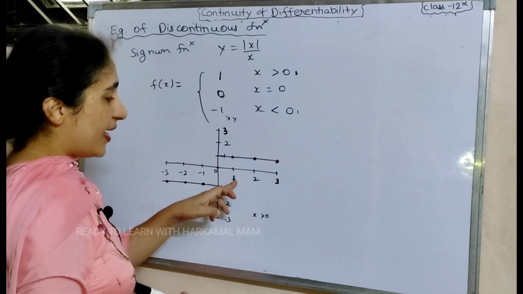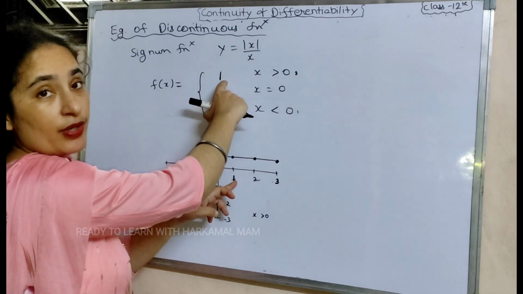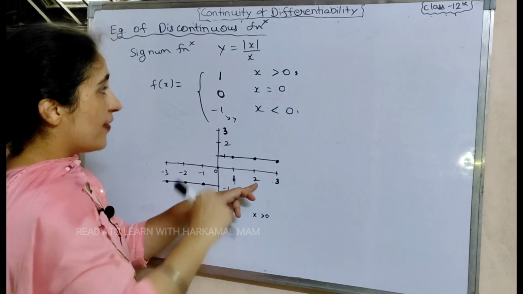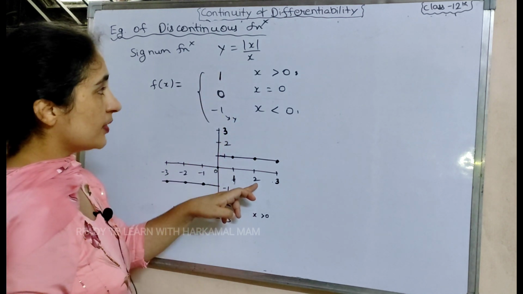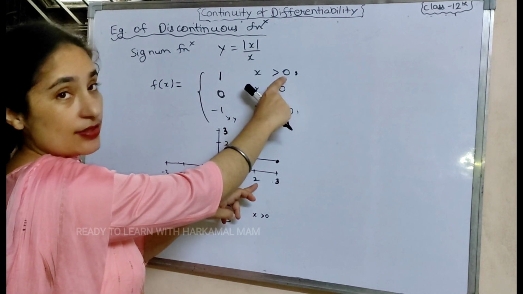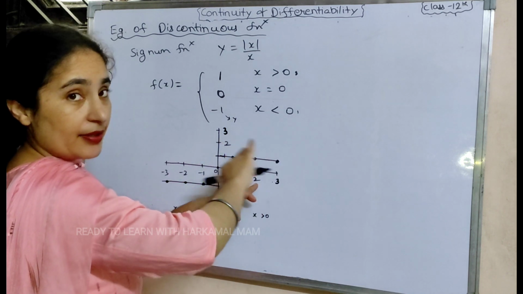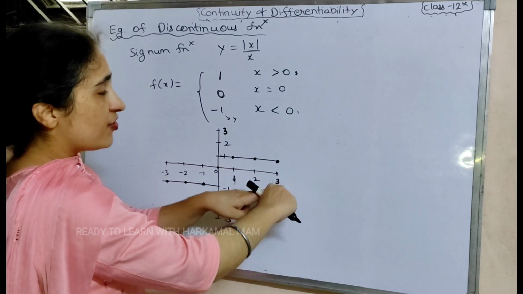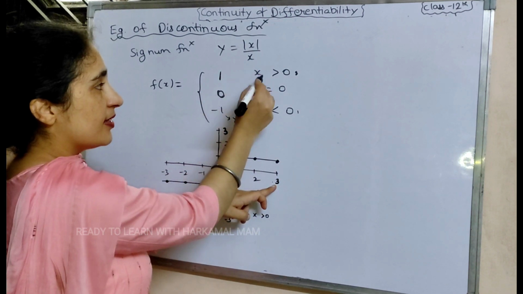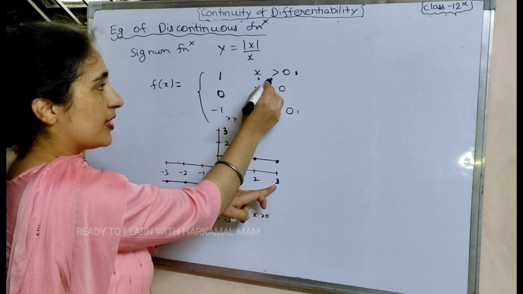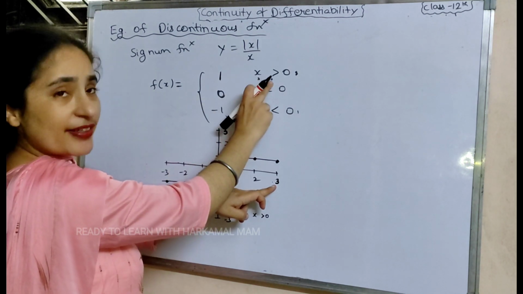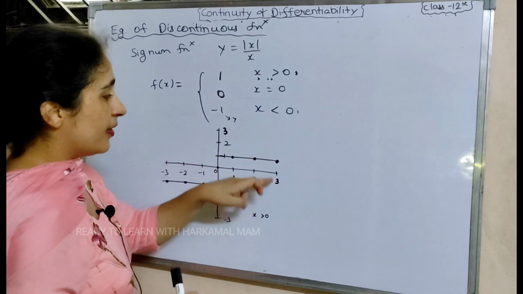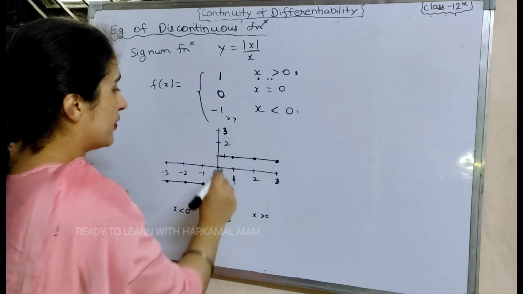If we take x is 1, the value of y remains 1. If we take x is 2, the value of y remains 1. If we take x is 3, this is greater than 0, so the value of y remains 1. So these are the points.